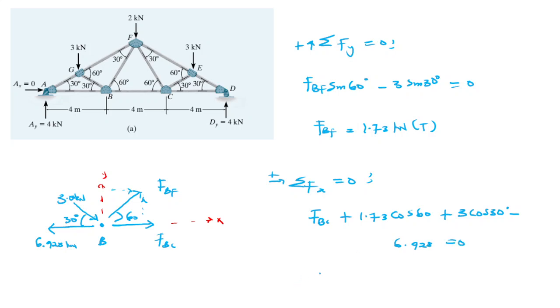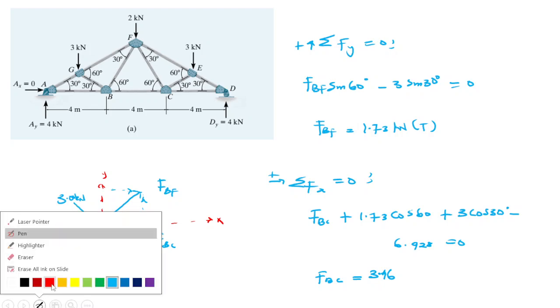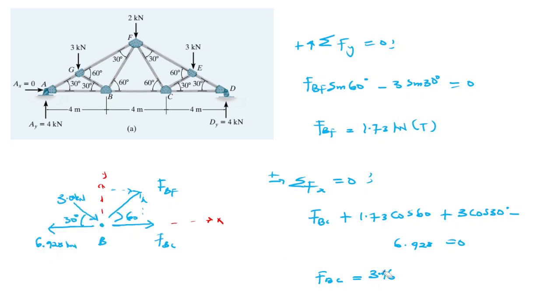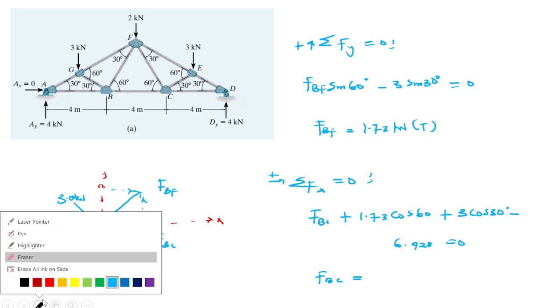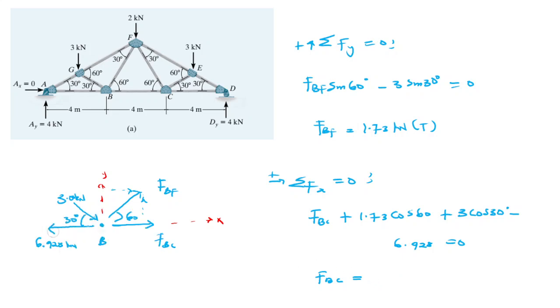Solving this, we have our FBC equal to 3.46 kilonewtons, and it is in tension.